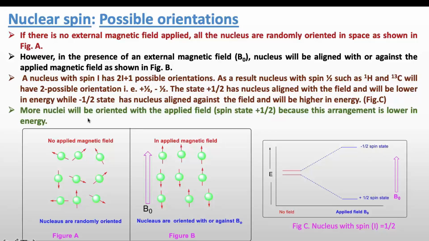So more nuclei will be oriented with the applied field, in the plus 1/2 spin state, because this is lower in energy than the minus 1/2 spin state.